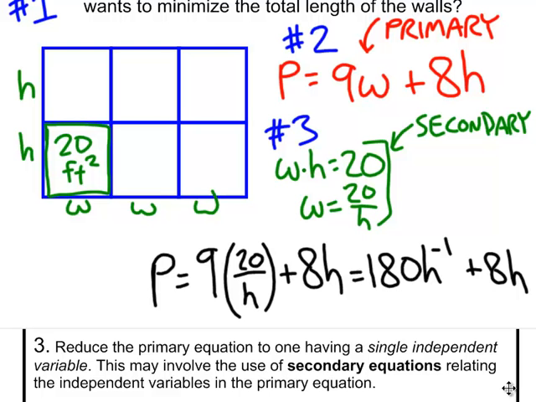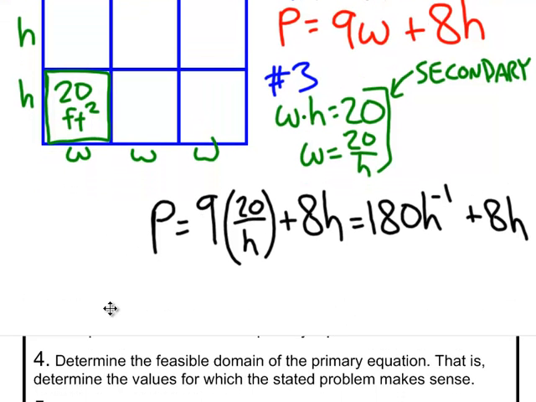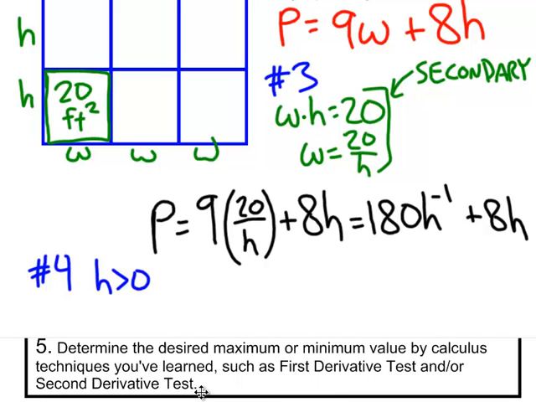I've now got this primary equation in terms of just a single independent variable, H. As far as the feasible domain of this primary equation, well, we're dealing with a physical pen here, so H better be greater than 0. And now we're on to the last step, using our calculus techniques to minimize this function P in this case.